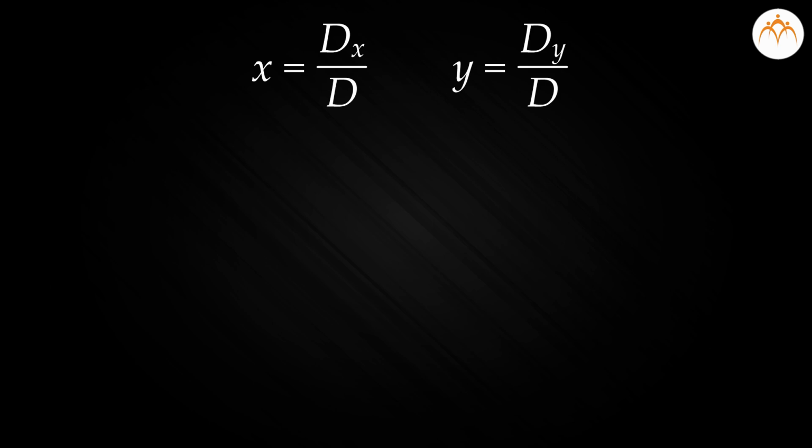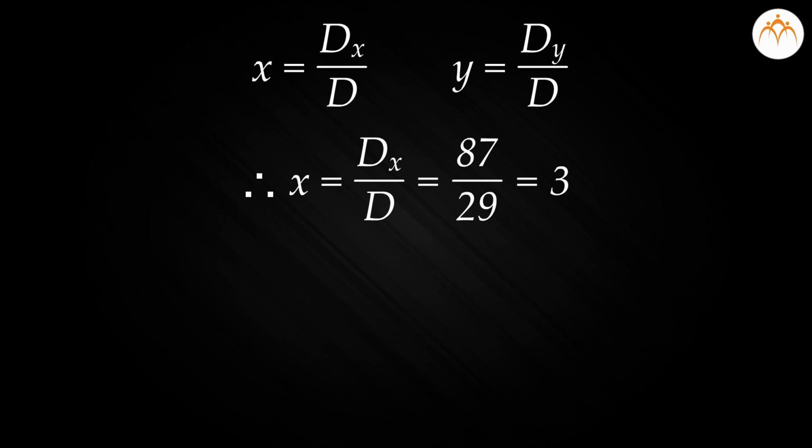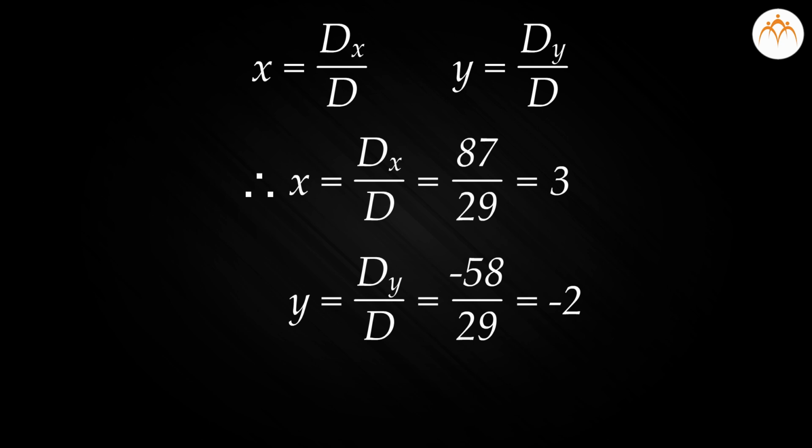Now, let's use the formulae x is equal to Dx upon D and y is equal to Dy upon D to find the values of x and y. Therefore, x is equal to 87 upon 29 is equal to 3 and y is equal to minus 58 upon 29 is equal to minus 2. Therefore, the solution of the given equations is x, y equal to 3, minus 2.